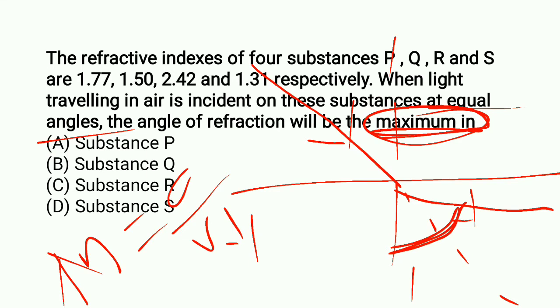When the light is coming from one medium to another medium and bends away from the normal, the speed of light is increased. Because of that, the refracted ray is bending away from the normal. So when the speed of light is increased, obviously the refractive index should decrease, right?